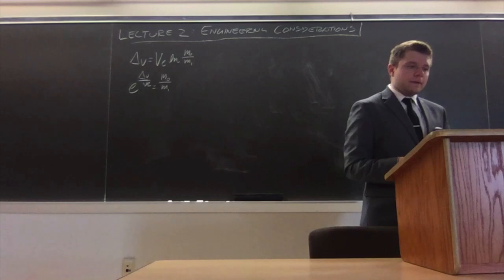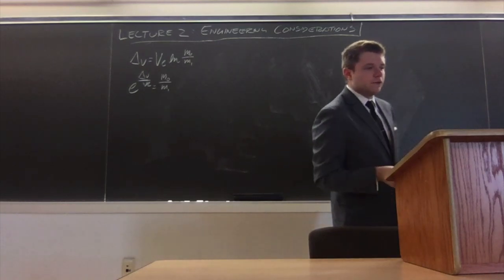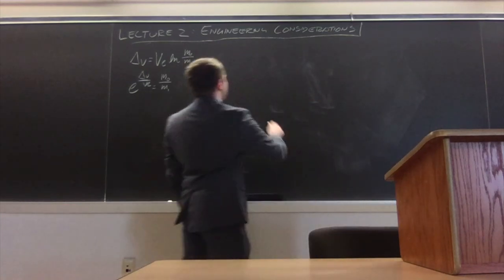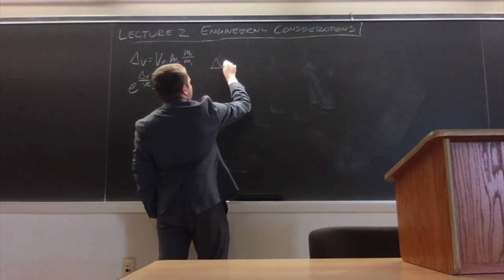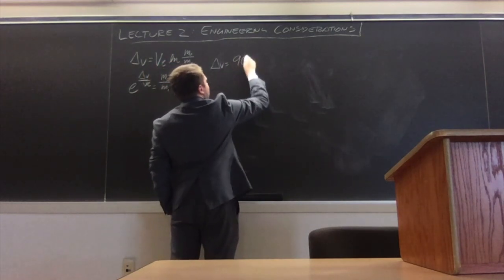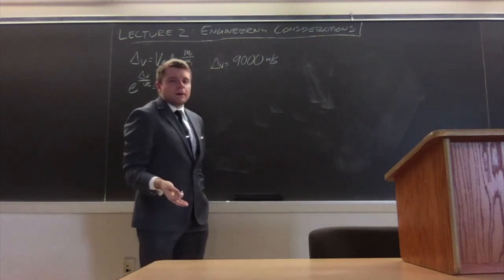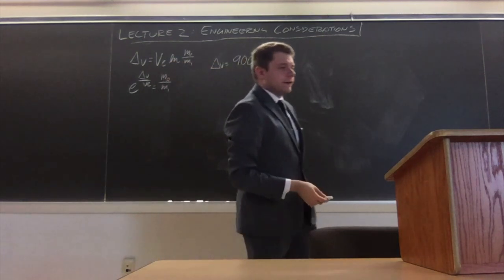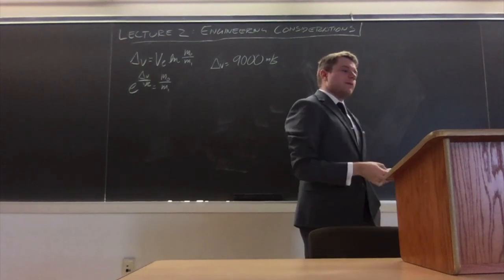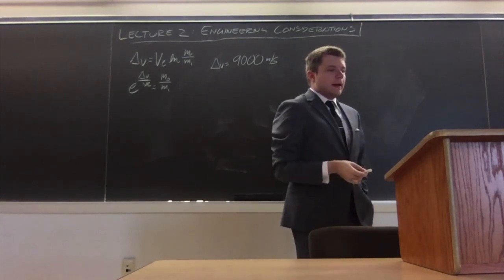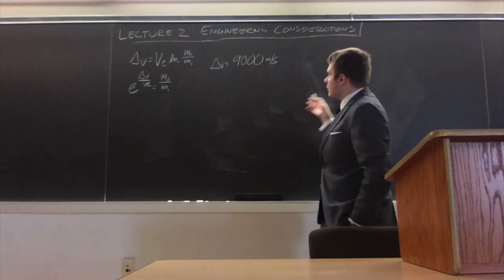But what I basically did is I looked at a scenario for a very simple launch vehicle with a target delta V of 9,000 meters per second, which is within reason of what we expected when we talked about getting to orbit in the last lecture. We got about 8,800 something. I didn't write it down because I'm stupid, but we got about 8,800 something. We use that as a fallback.